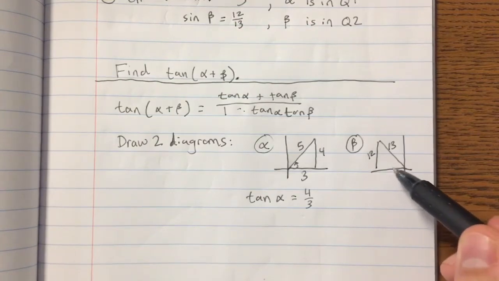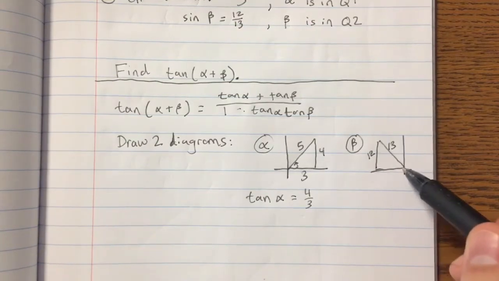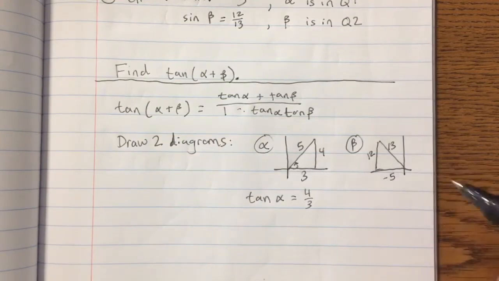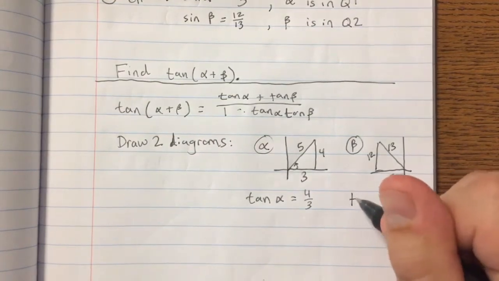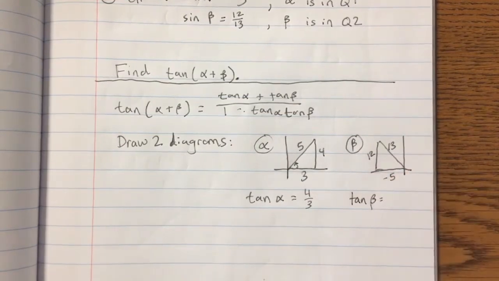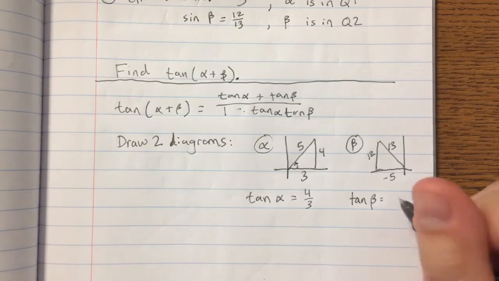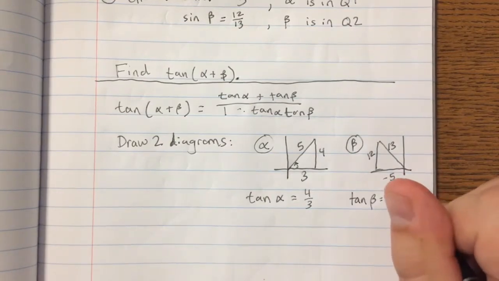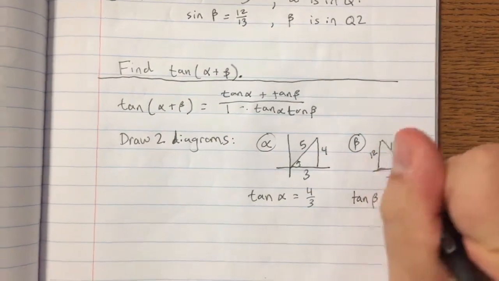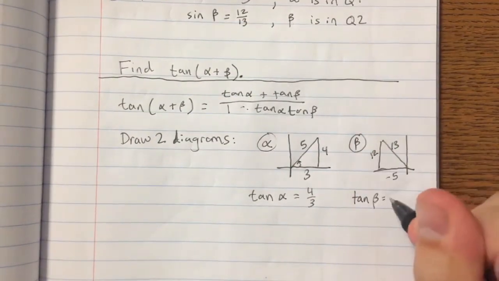But what do we have to know about, since this is in quadrant 2? It's going to be negative. So this should be -5. So what's tangent of beta? Negative, well, yeah, -12/5.